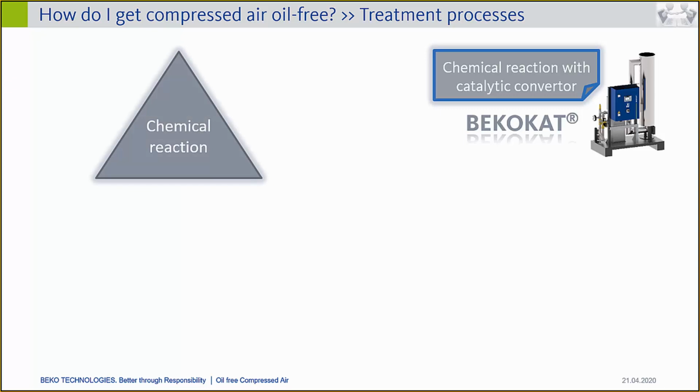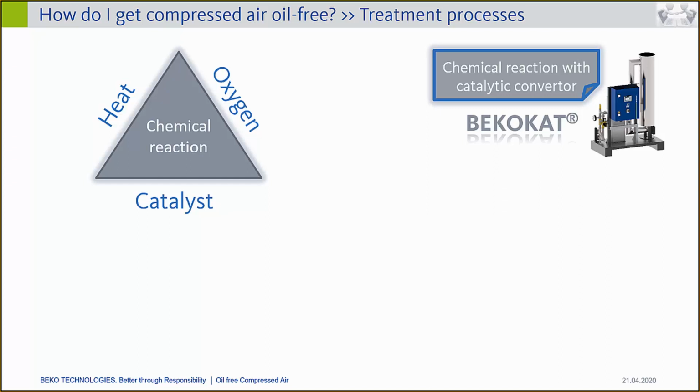The chemical reaction takes place inside the tower, and it's supported by heat and catalyst. Together with oxygen, the resulting chemical reaction creates a new molecular structure.